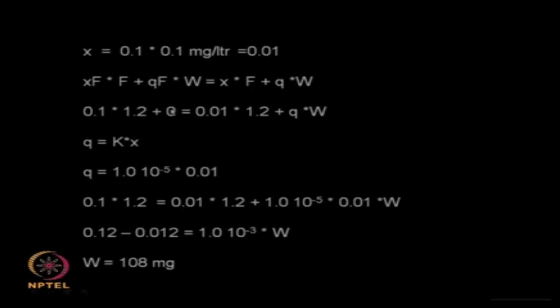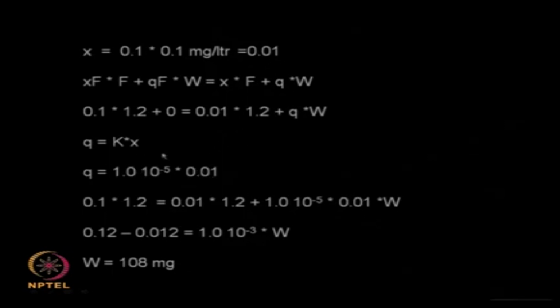So, this term will become 0, and then you take 0.1 as your feed, you are taking 1.2 liters of the solution. So, you have 1.2 liters here, 1.2 liters here, X is 0.01, and Q and X are related like this: Q equals Kx, K is given, and Q is K into X, with X equal to 0.01.